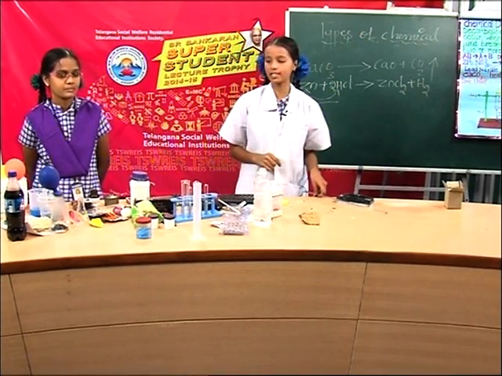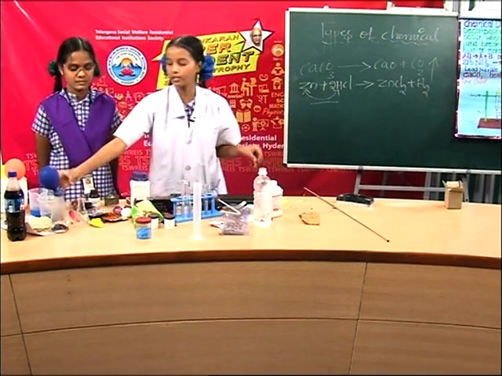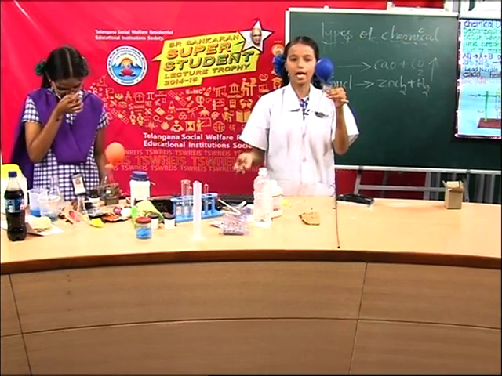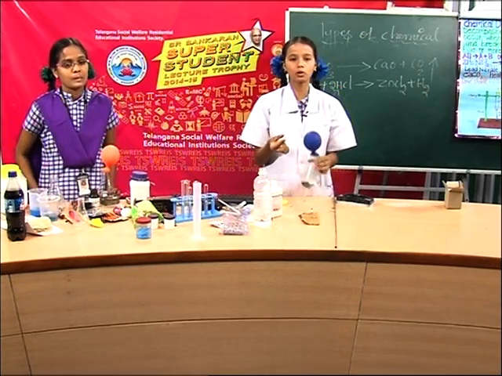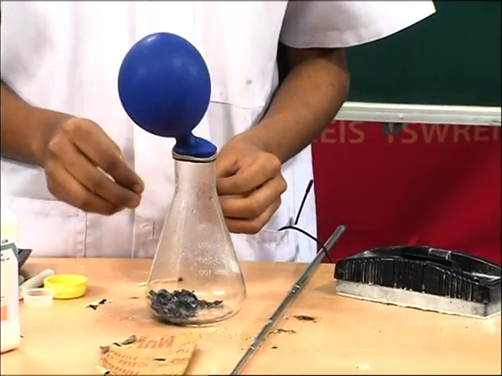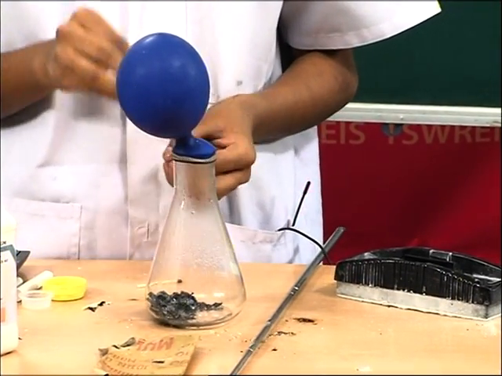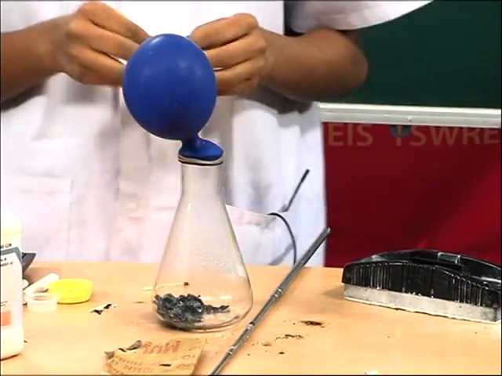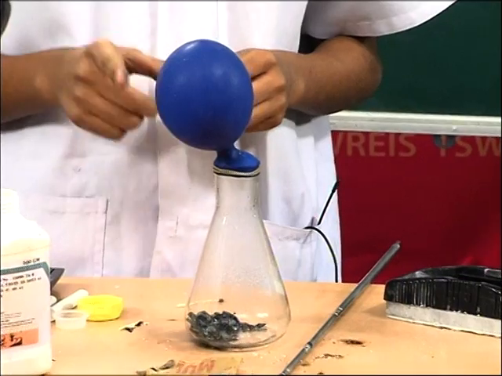For understanding this displacement reaction, just now we have done one activity. I have taken a conical flask, added zinc dust, and poured hydrochloric acid slowly. When the zinc reacted with hydrochloric acid, what gas was evolved? Hydrogen gas was evolved.